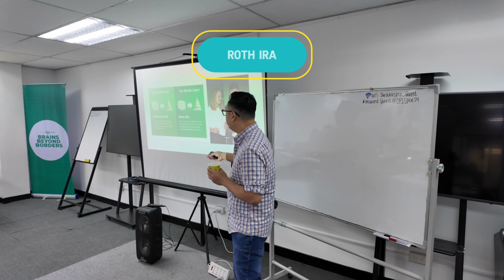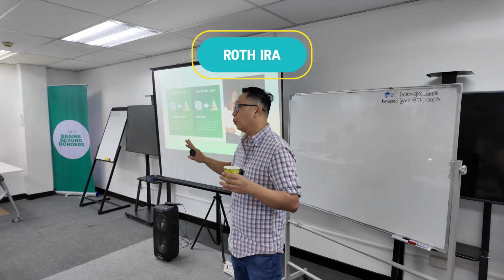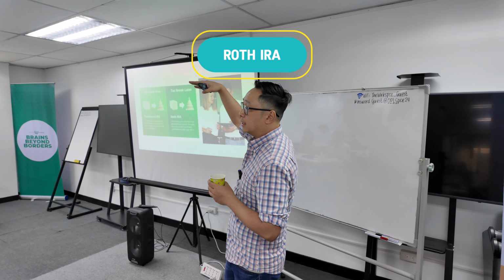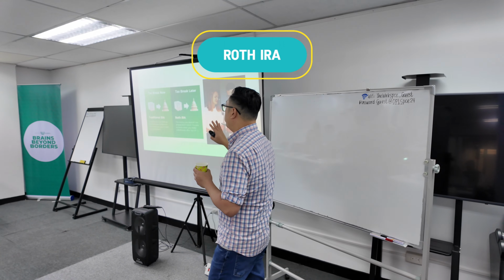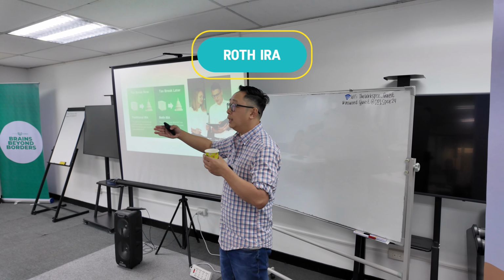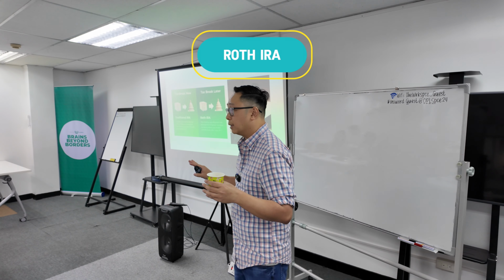Now with the Roth IRA, the money you put into a Roth IRA, you don't get any tax benefits whatsoever, okay? If you made $100,000, you put $6,000 to a Roth, you still pay taxes on the full $100,000. But the benefit with the Roth here is that as that account grows over the years, anytime you take that money out after retirement, you're not going to pay any taxes whatsoever on it.